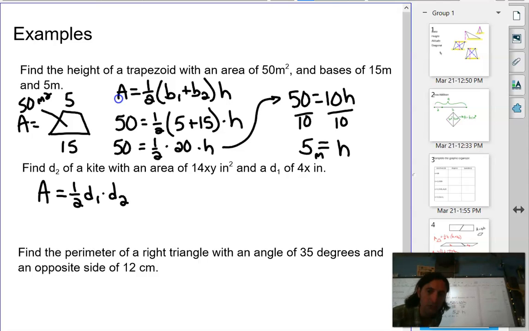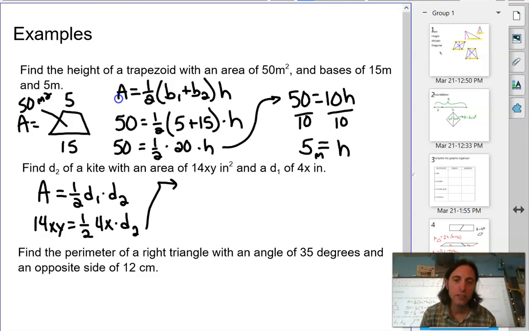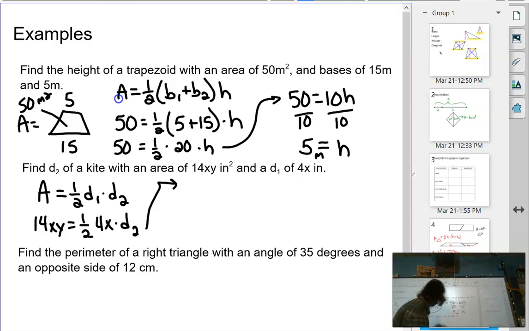Step 2, substitute what you know. 14xy equals 1/2, D1 is 4x, D2. Step 3, start simplifying it. Now, on this one, I didn't even draw a picture because I don't think it would help me. In a lot of problems, I'm going to draw a picture just for help.